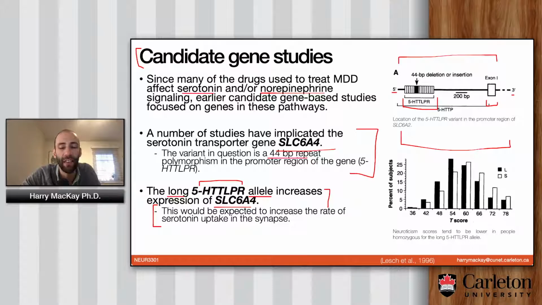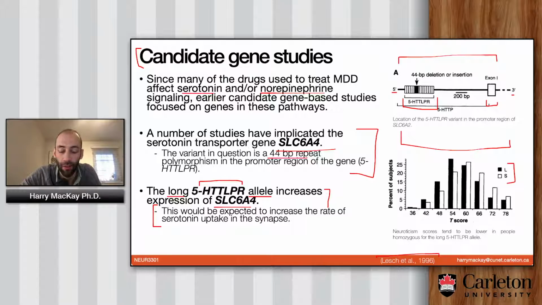So people can take the genotype here and categorize everyone into long and short, and then measure a whole range of things. For example, here in the Lesch et al. paper, which would have been one of the big ones that came out in the late 90s, they look at neuroticism scores for people with a long and short allele.